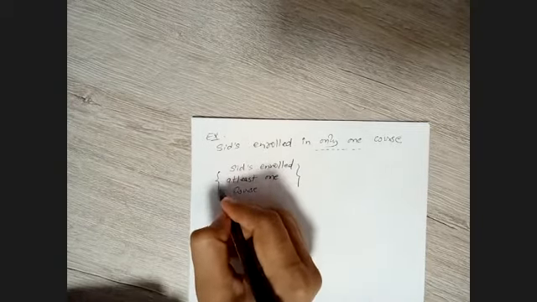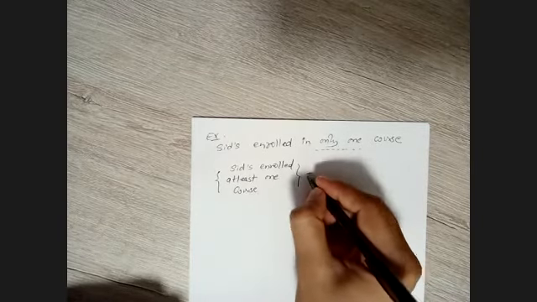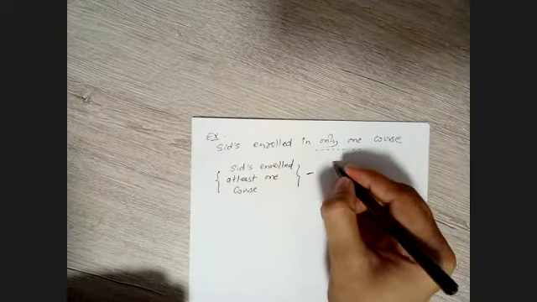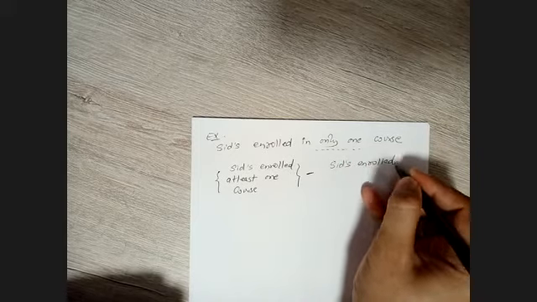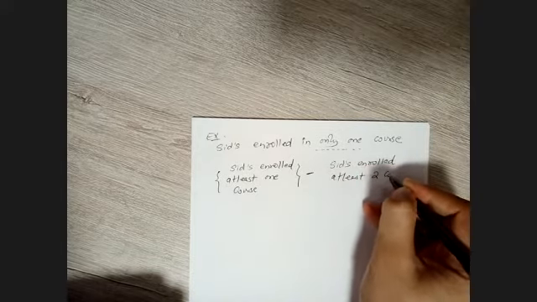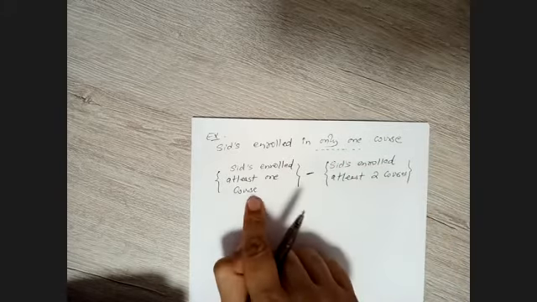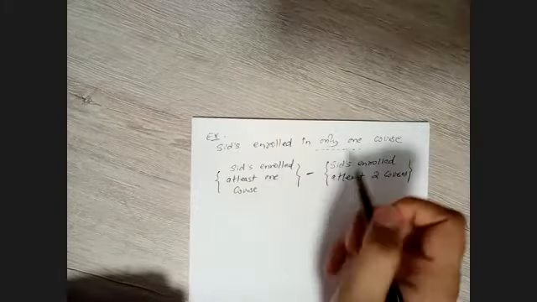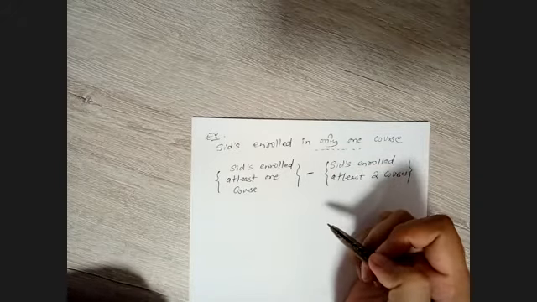Whatever values we find, SIDs enrolled in at least one course, we will apply the set difference operator with SIDs enrolled in at least 2 courses. So the difference, the result of this, will be only one course, say exactly one course.